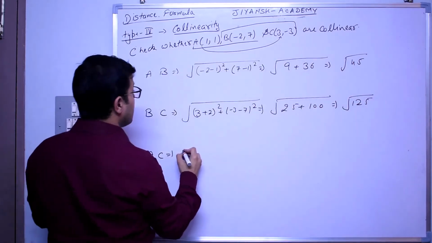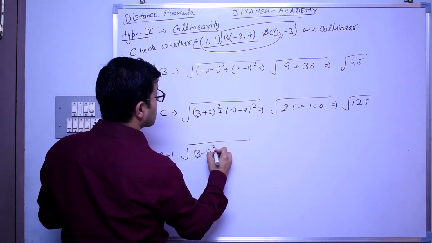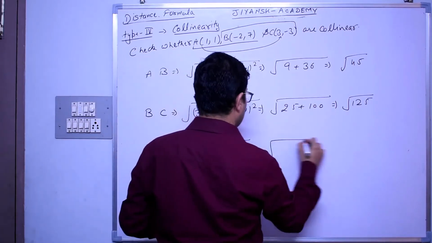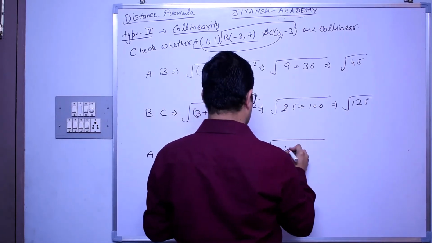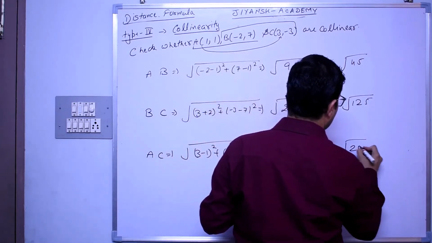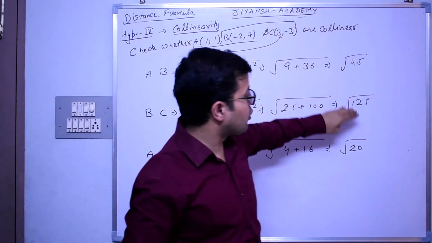Now for AC, this will be 3 minus 1 whole square plus minus 3 minus 1 whole square. So now this will be 2 square, that is 4. This is 4 square, that is 16. This is root 20. Right. Now we can further solve them out.